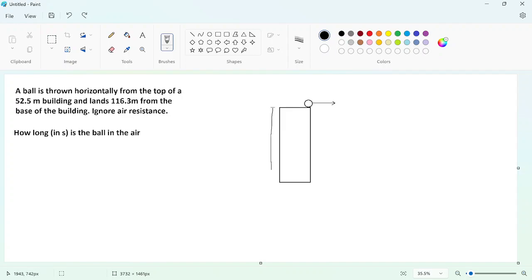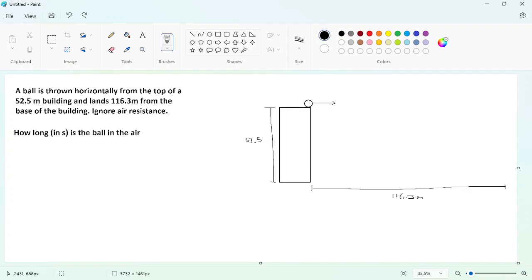The building is 52.5 meters tall, and this ball lands 116.3 meters away from the base of the building, which is right here. How long is the ball in the air?